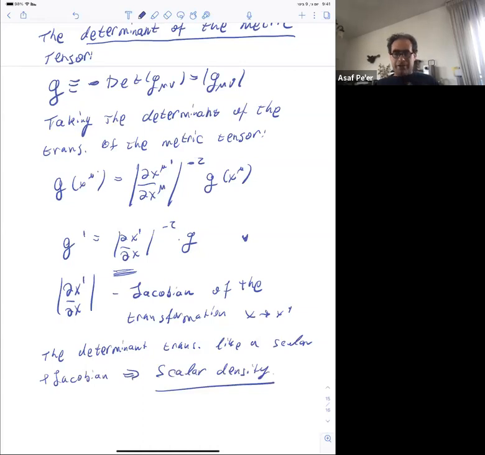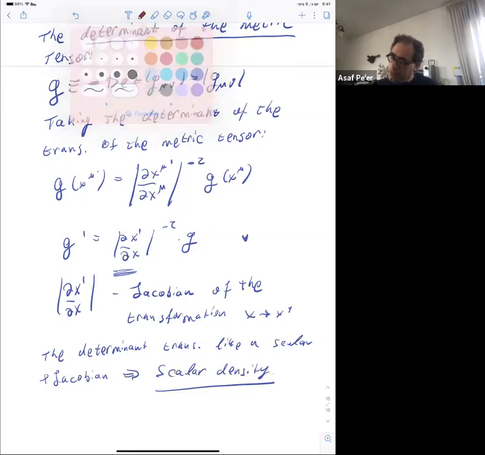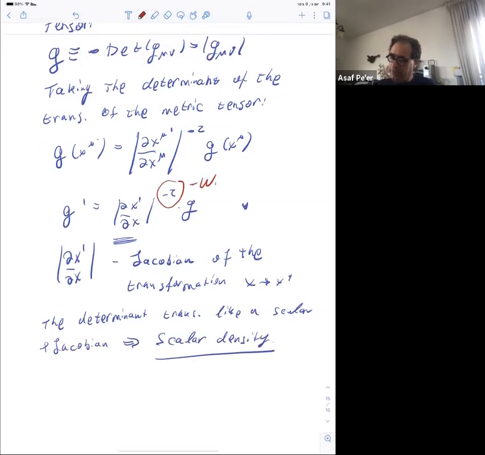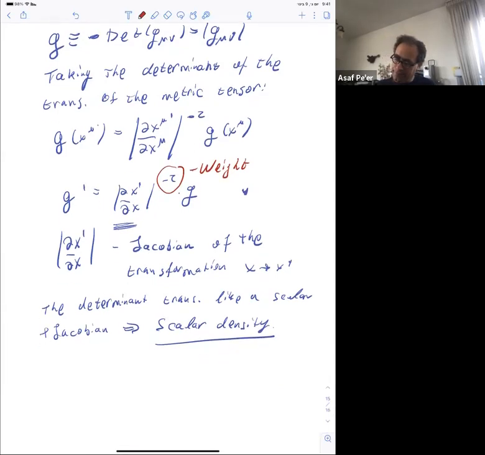So it's a special case of a tensor density. Now the number of factors here, the -2, is called the weight of the density. Right? So it's a scalar density of weight -2.